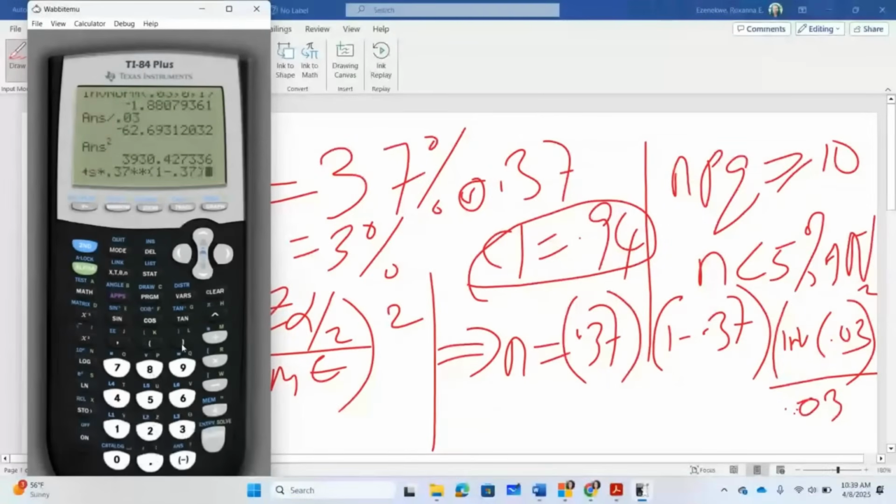My final answer, let's see what happened there. Okay, 2. Therefore, the estimated sample size is 917. You have to round up. I know someone is going to ask, why did you round up?